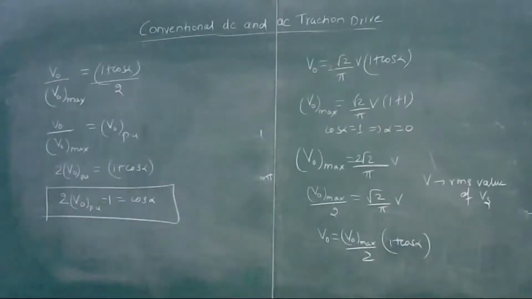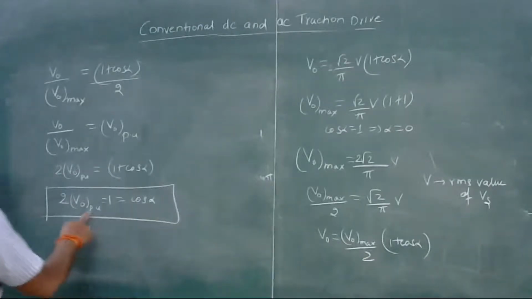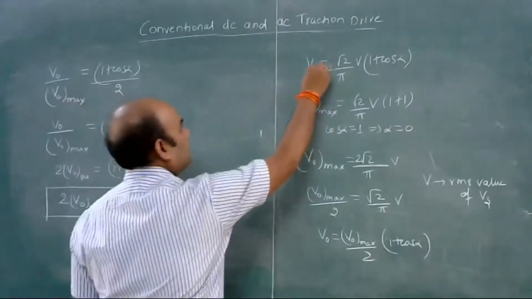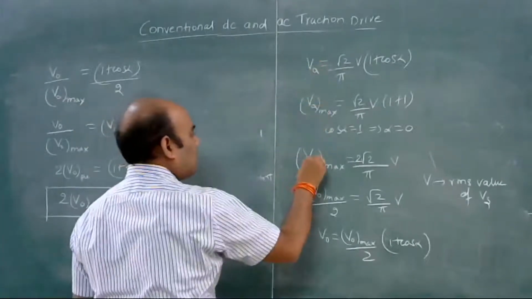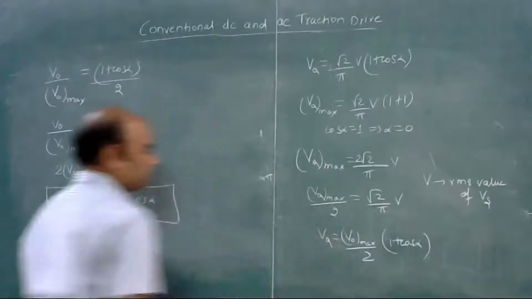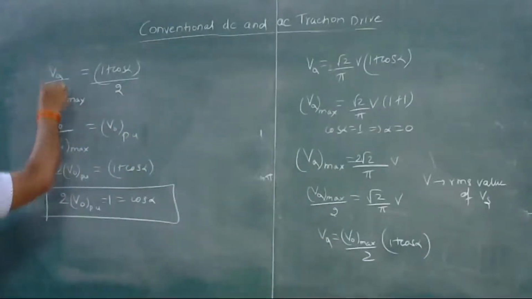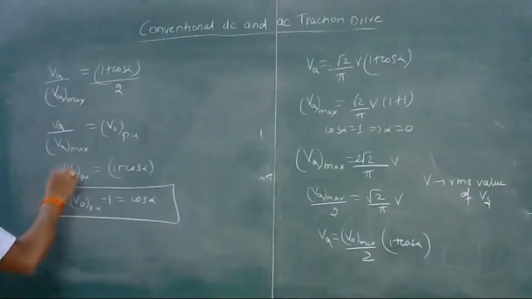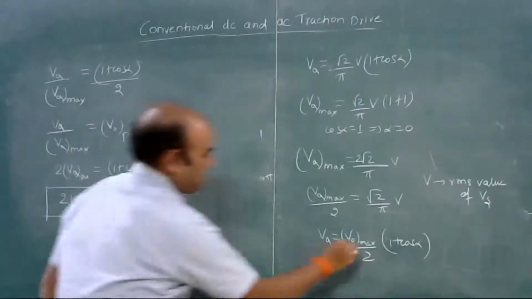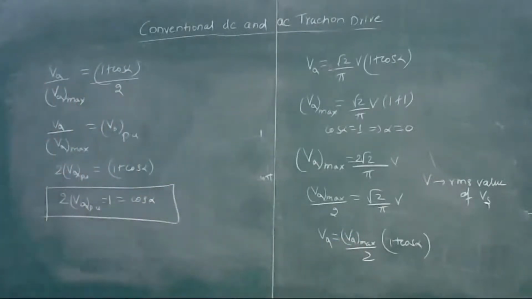This is the relationship between cos alpha and per unit output voltage. Take this as equation number 1.